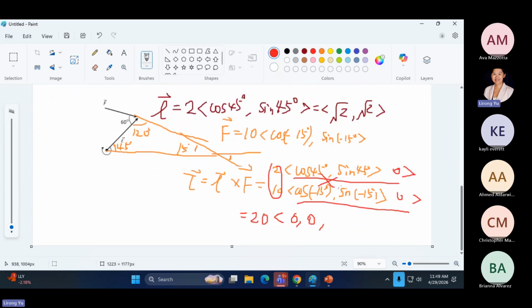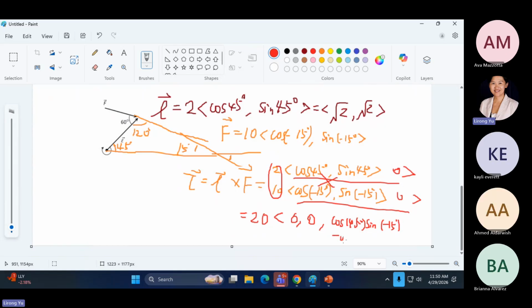The non-zero one is going to be cosine 45 degrees times sine negative 15 degrees, and then minus cosine negative 15 degrees times sine 45 degrees.